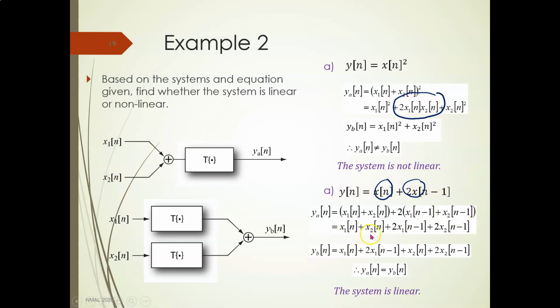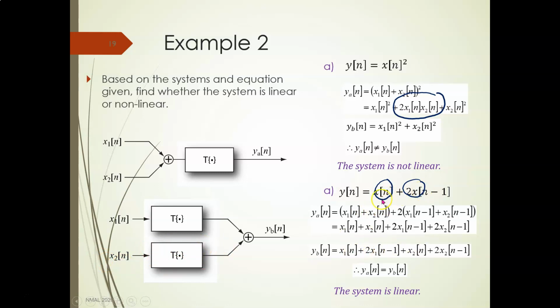Okay, rearrange so that we can put x1 and x2: x1 plus x2, and then here 2x1 plus 2x2. So this is yan. For ybn, we put x1 into the system first, and then we add the output to the output from the system with x2 as input.